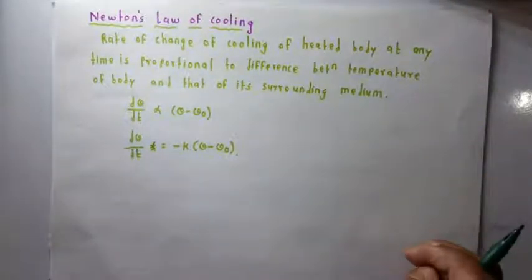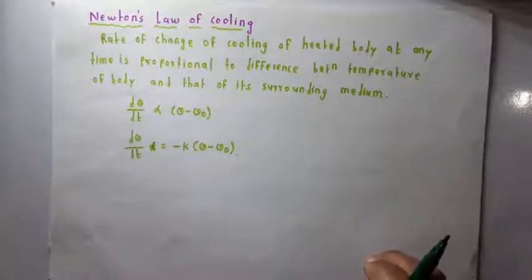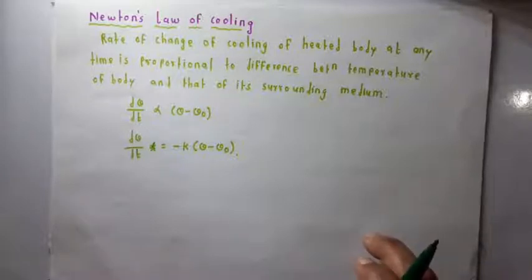So Newton's law of cooling, the statement is that the rate of cooling of a heated body at any time is proportional to the difference between the temperature of the body and that of the surrounding medium.